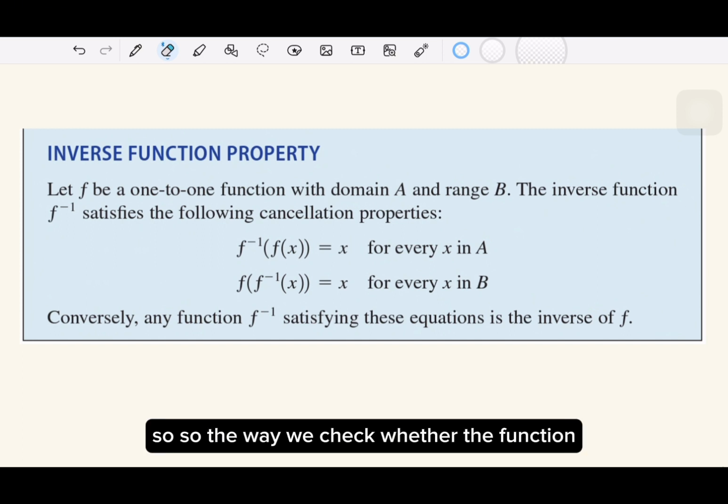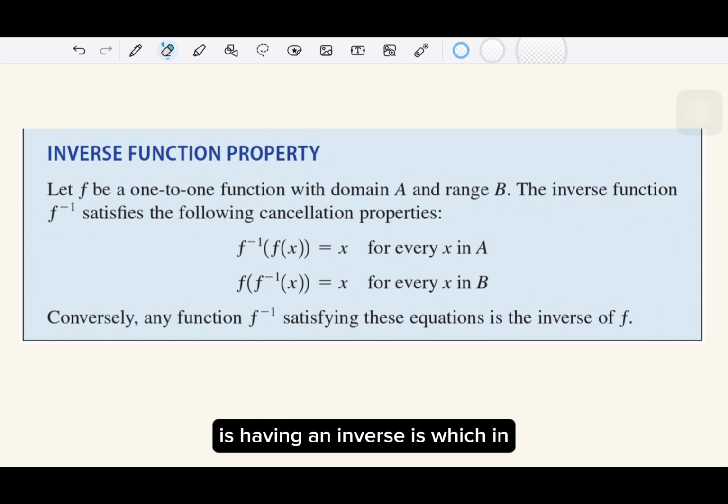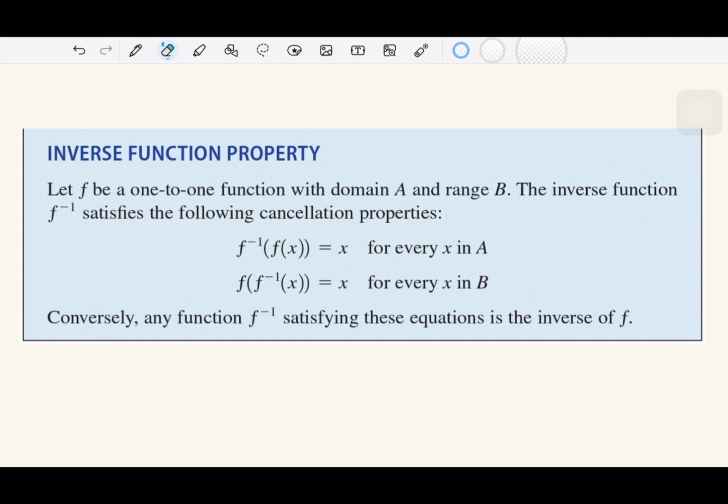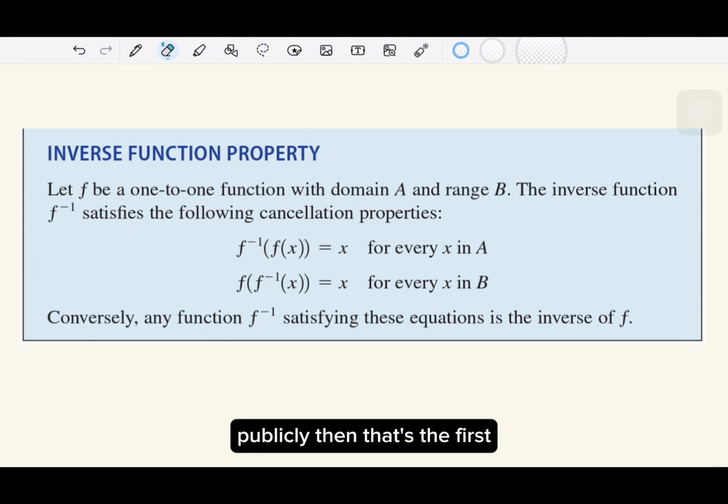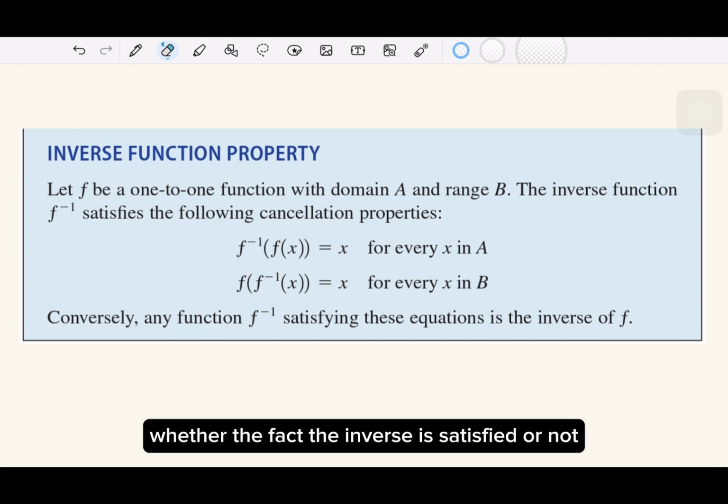So the way we check whether the function has an inverse is we put the inverse back into the function, or we put the function back into the inverse, and see whether it gets you the x or not. If you're getting the x completely, then that's the inverse. So this is the way you check whether the inverse is satisfied or not.